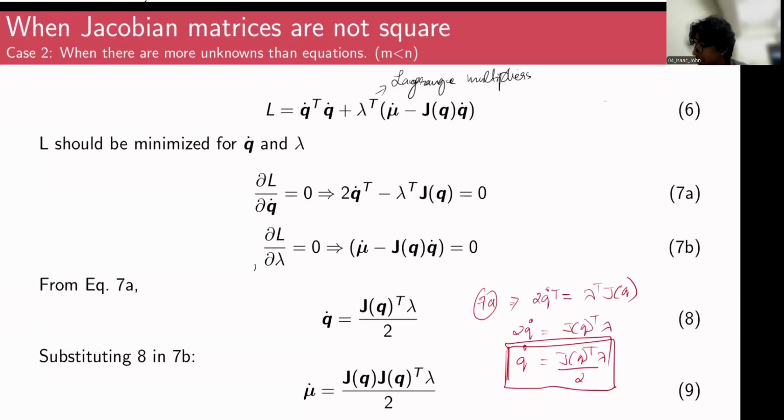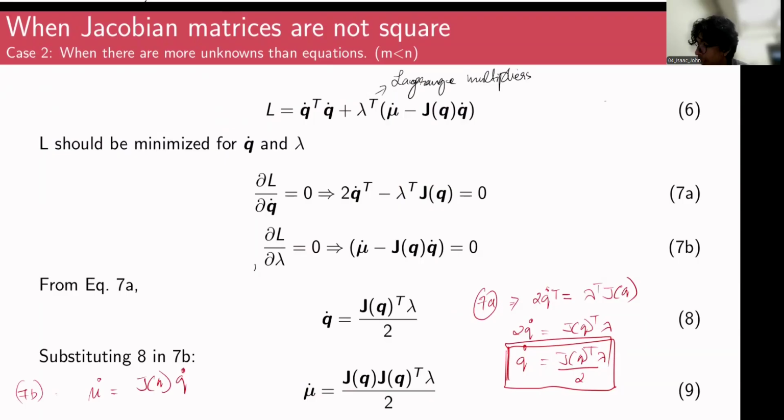Now you substitute this q dot into equation 7b, and you will end up with an expression something like this. Equation 7b is nothing but mu dot equal to j of q multiplied by q dot.